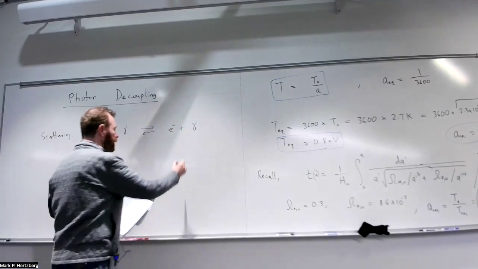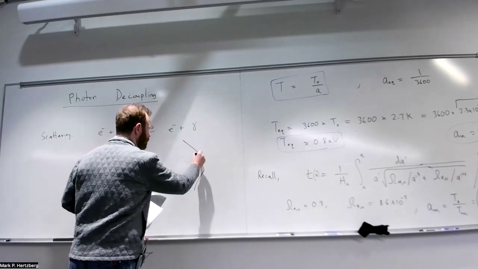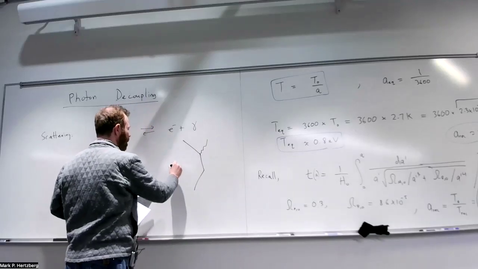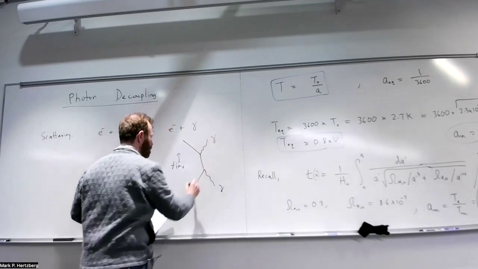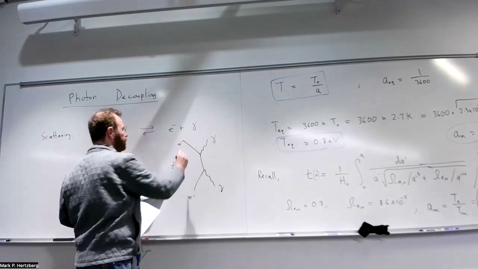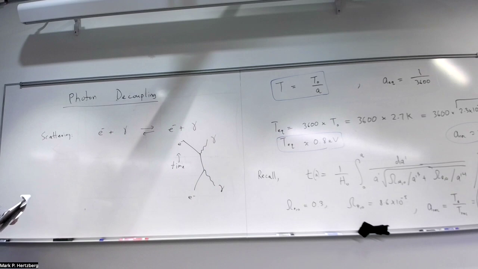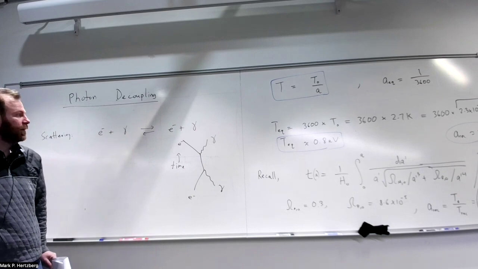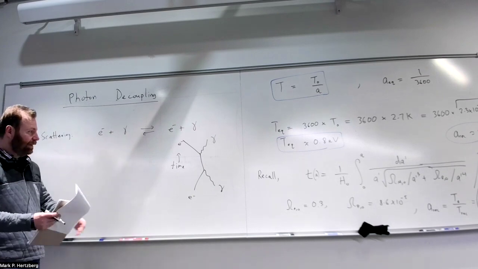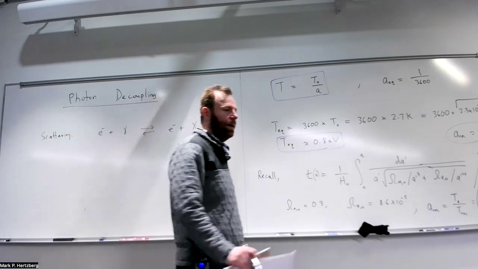Or if you like to stare at a diagram, that means this. Time goes up. Anyone know the name for that kind of scattering? Someone said Compton. Yeah, it's Compton scattering.